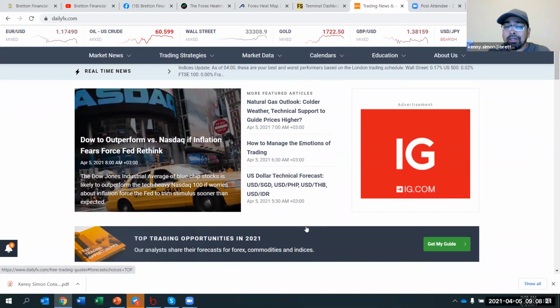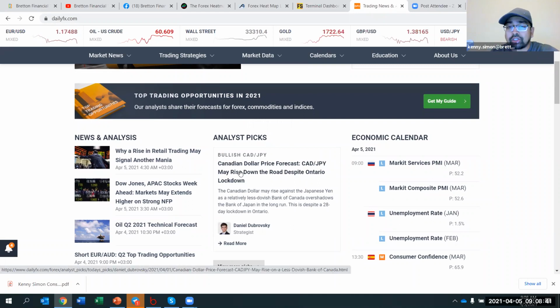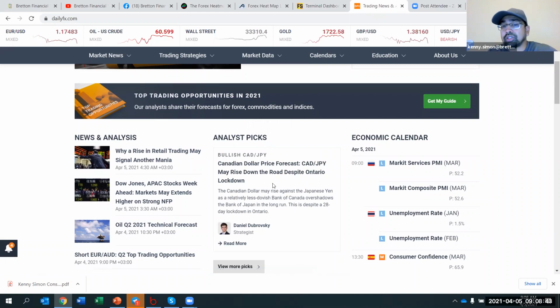They're quite good in a way whereby if we just read the headline, sometimes we get a little bit of an idea, but I never trade straight onto the headlines. We do have some traders trading straight onto the headline, and the headline says, for example, bearish or bullish. Let's say this one here: Canadian dollar price forecast, CAD/JPY may rise down the road despite Ontario lockdown.